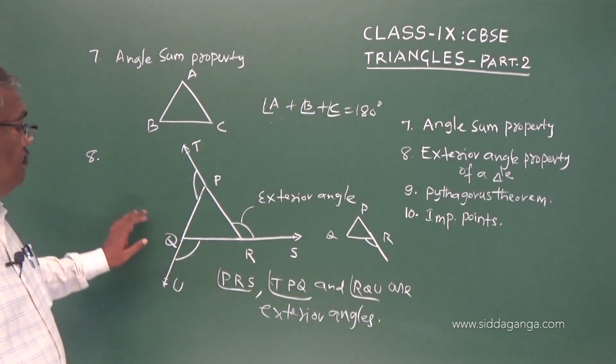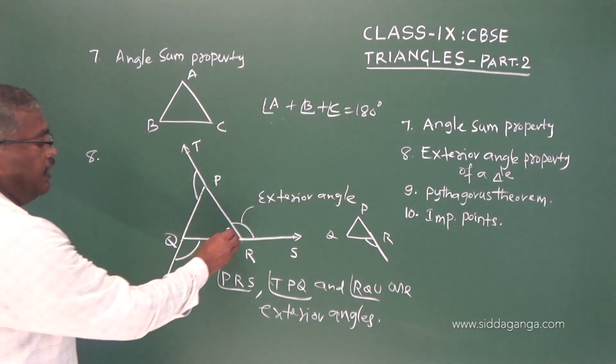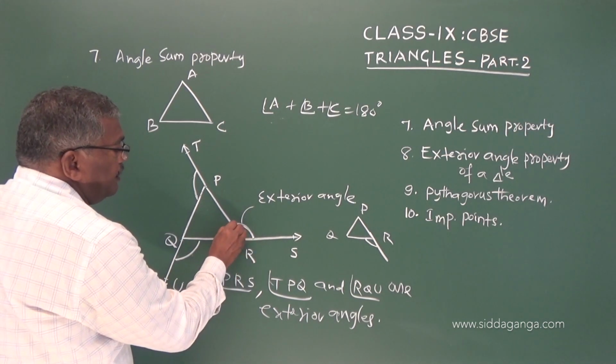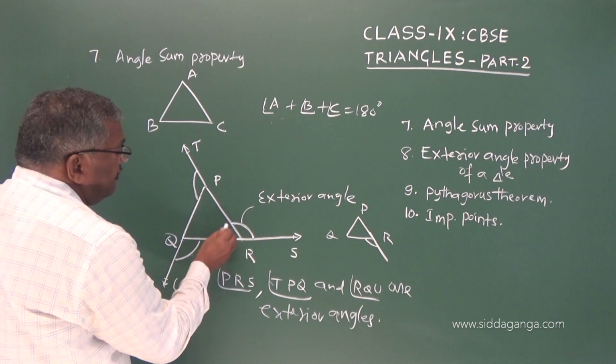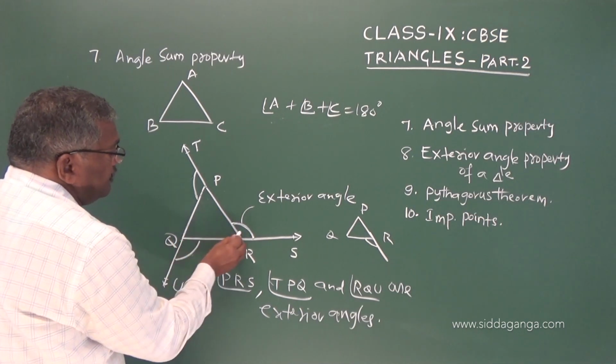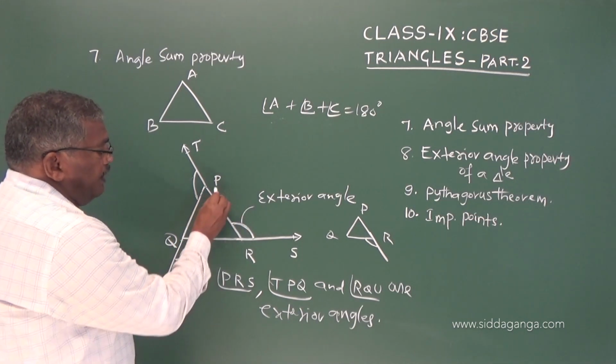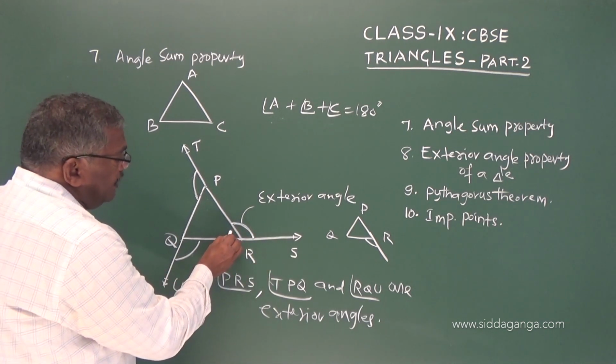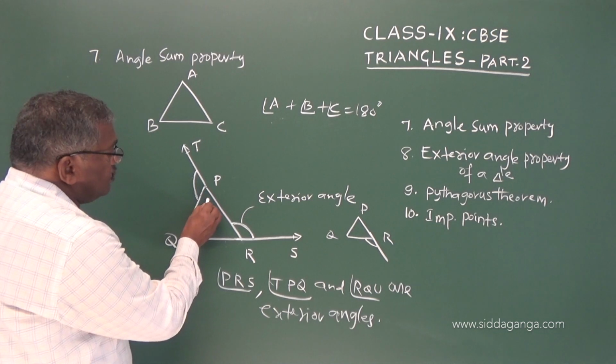And one more important thing is, for any exterior angle, the value will be equal to the sum of the interior opposite angles. For this PRS, interior opposite means these two angles.